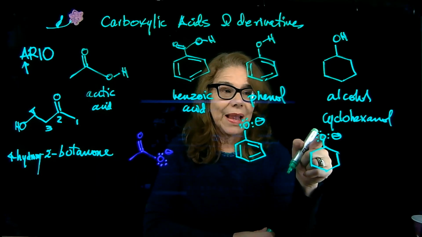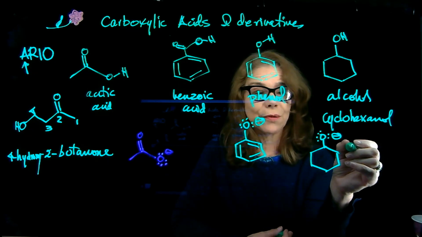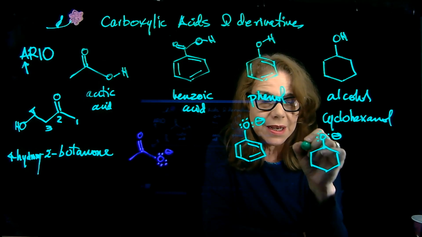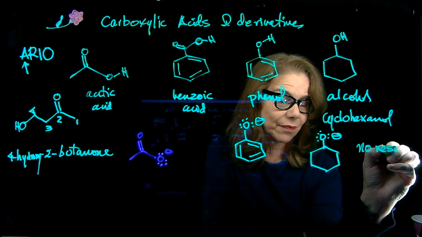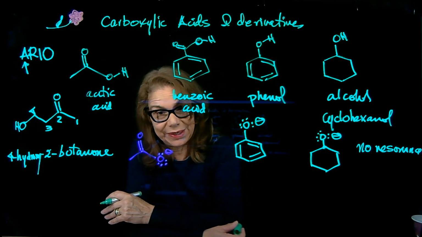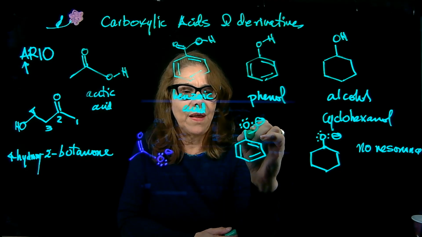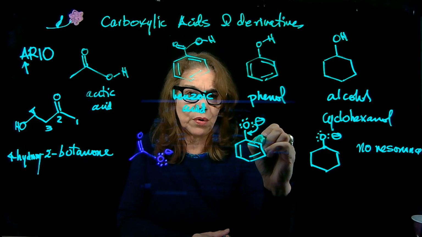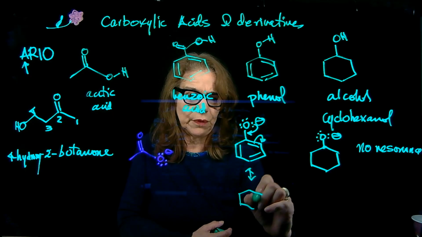So here in the cyclohexanol, in the alkoxide, we don't have resonance effects because this carbon right here is sp3 hybridized. So these electrons are localized, so no resonance. So I cannot stabilize that negative charge by electron delocalization. However, in the phenolate, I can. The lone pair here is allylic, so I can delocalize those toward the ring. I'm going to draw the resonance structures that result from that.